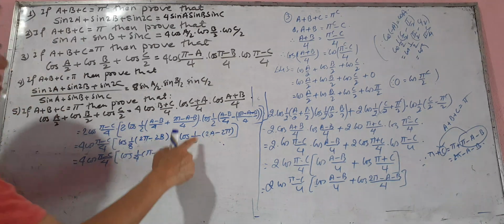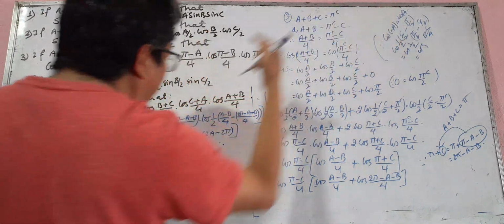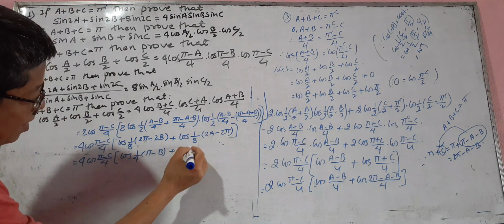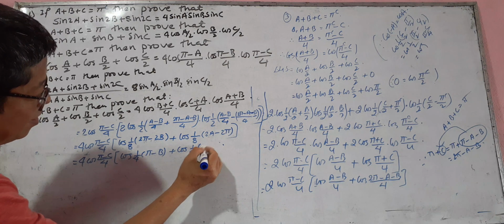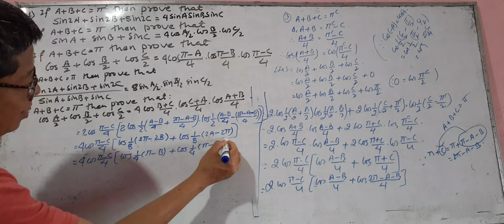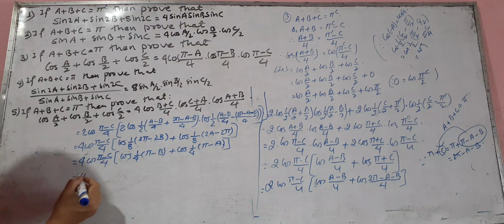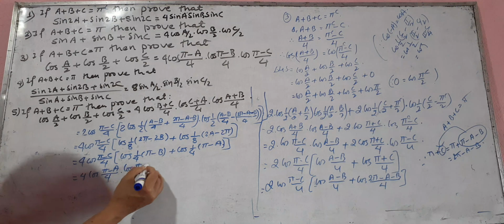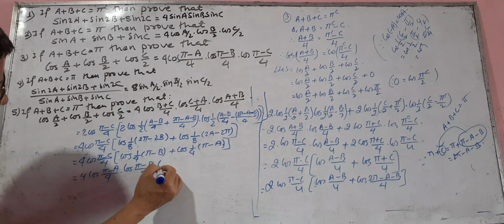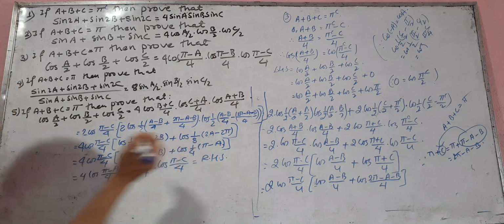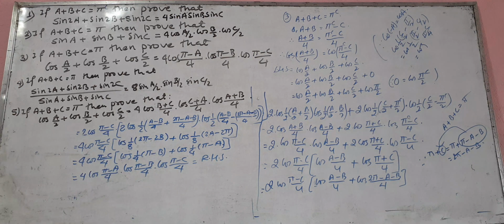Similarly, taking minus, same reason, cos minus a is equal to cos a. So we can write this as pi minus a. Similarly, as previous terms, 1/4 (pi minus a). So arranging in the order of a, b, c, we get cos (pi minus a)/4 times cos (pi minus b)/4 times cos (pi minus c)/4. This is the right hand side, and this completes the proof of question number 3.